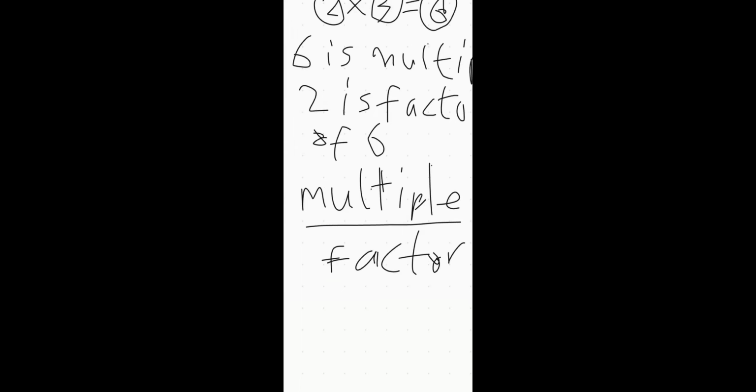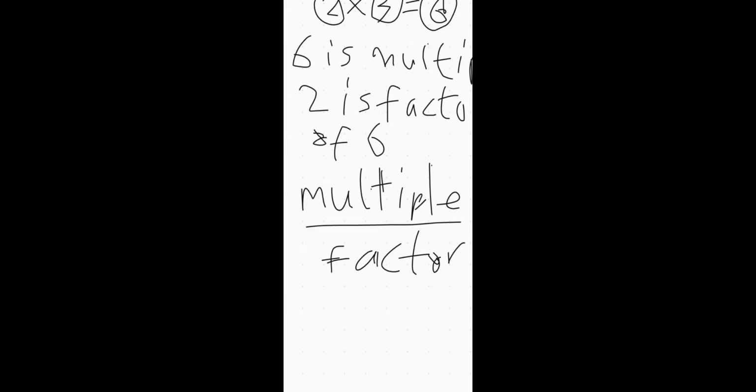Let's take a look at what we have. 6 divided by 2 is what? 3. Is there any remainder after that division? No. Exactly. Let's even look at the times table.